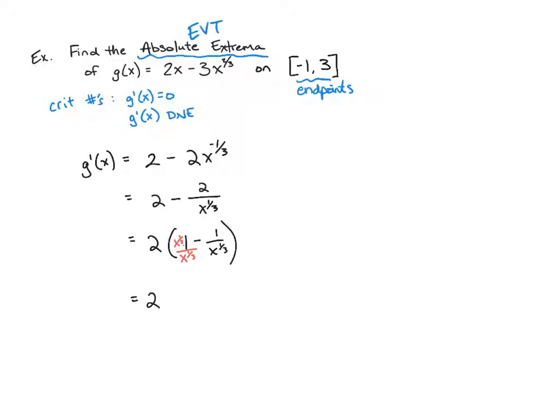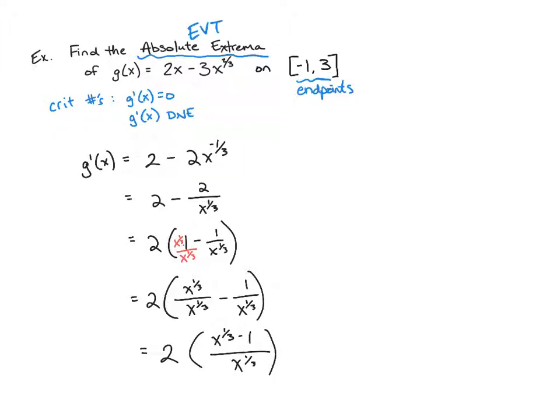So I got 2 times x to the 1/3 over x to the 1/3, minus 1 over x to the 1/3. That looks pretty good. And instead of x to the 1/3, I could write that as the cube root of x.